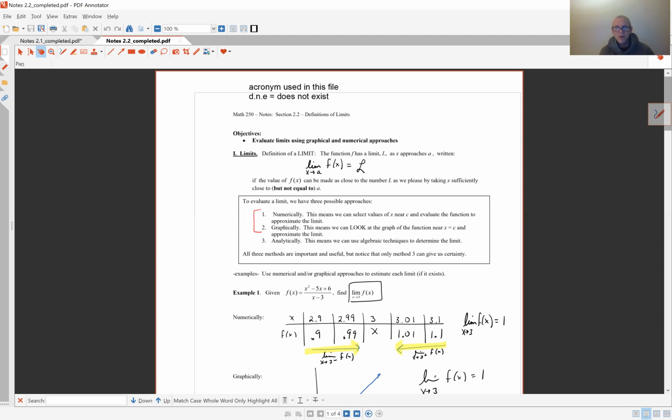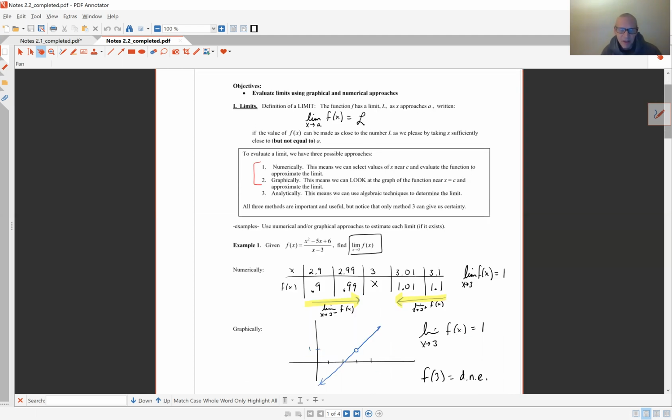When x is 3.01, the function is 1.01. So maybe a good guess for x near 3 is that the limit is equal to 1. We can't just plug x equal to 3 in there, because the denominator will be 0, and we can't divide by 0.